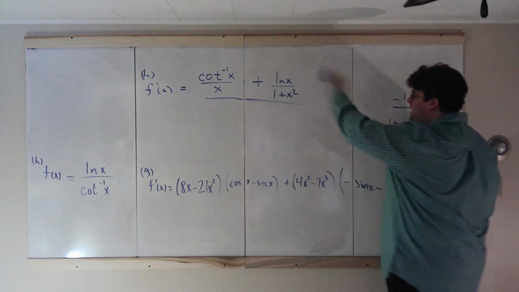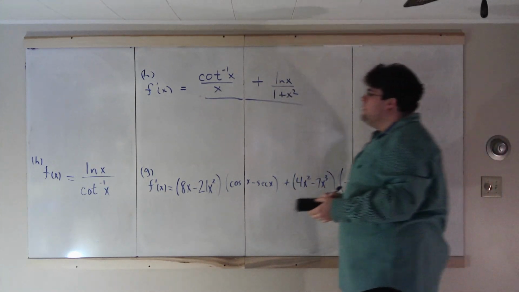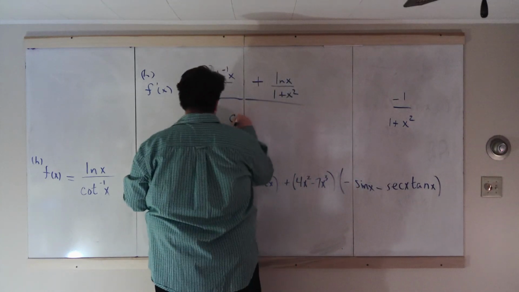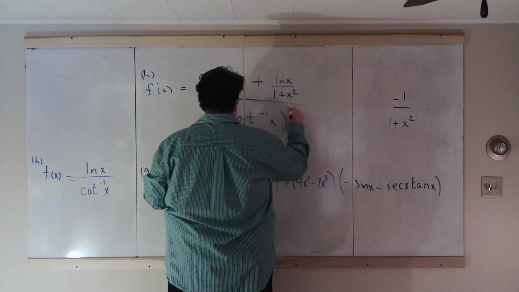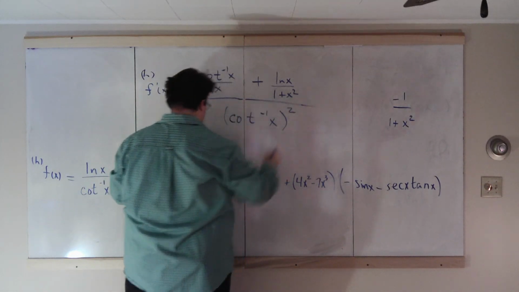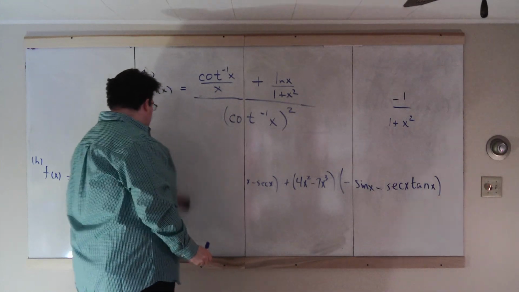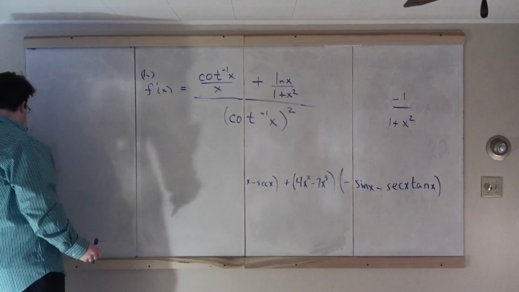I'm going to pull out the negative in front and make that a positive. Write that as one fraction, all over bottom squared, not cotangent to the negative 2x, the inverse cotangent squared. So we have bottom derivative top minus top derivative bottom over bottom squared.